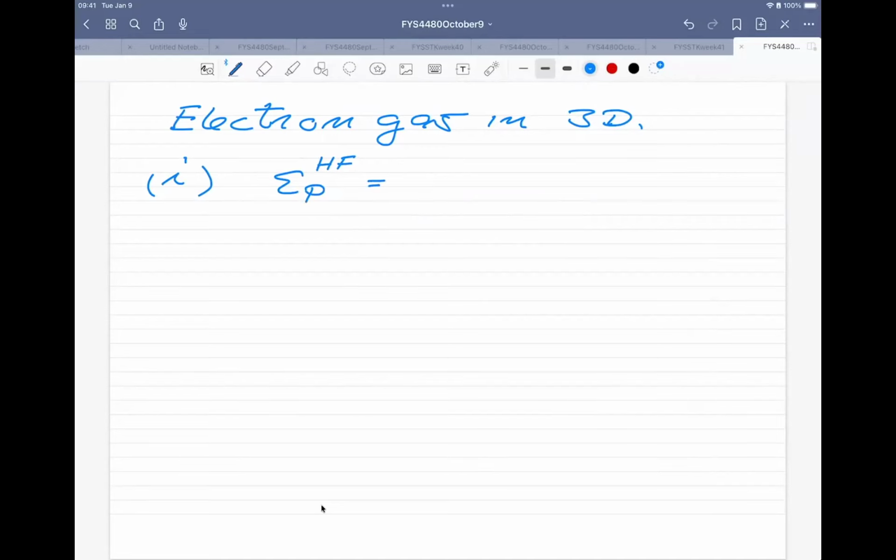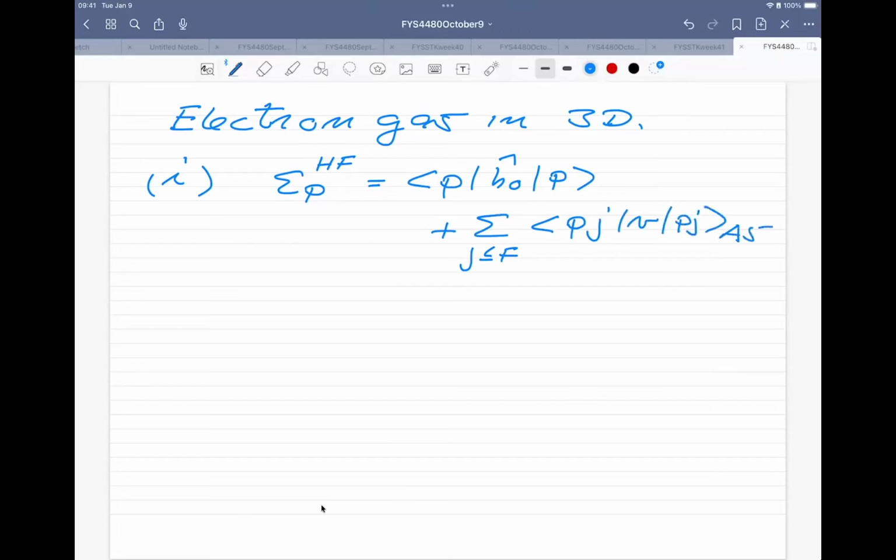The Hartree-Fock energy here is going to be given by this integral and H0. And H0 is just going to be the kinetic energy of p. And then we have the Hartree-Fock potential, which means that we have a sum over all the states below the Fermi level. These are the expressions which we have looked at till now. And so we have an integral pj of V of pj, anti-symmetrized. This is the first thing which we're going to do now: find an analytical expression for the Hartree-Fock energy for the electron gas.